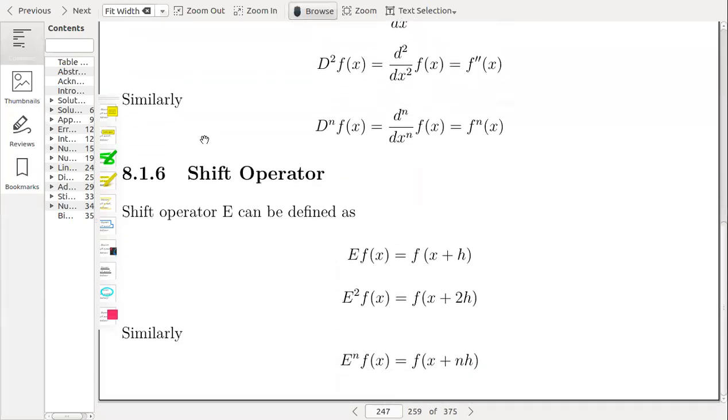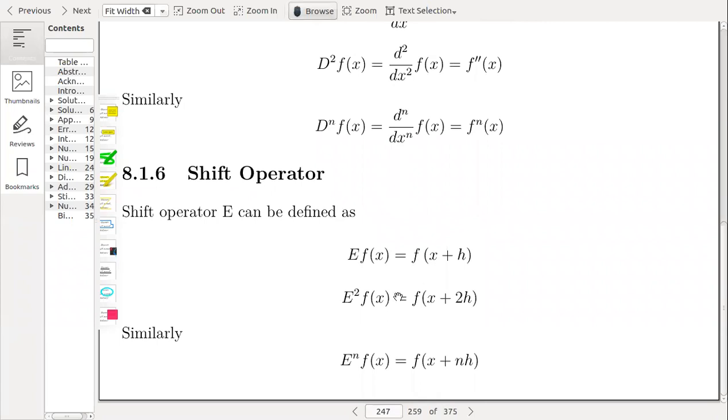And similarly, the shift operator. The shift operator is defined and denoted by capital E. So shift operator E can be defined as E f of x is equal to f of x plus h.